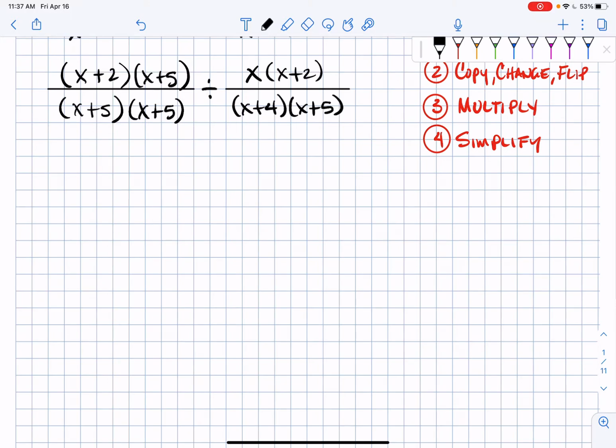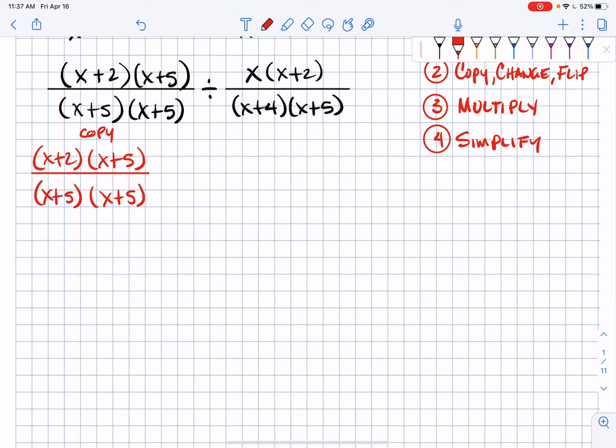The next step is to copy. So let's copy this fraction right here: x plus 2, x plus 5 over x plus 5, x plus 5.